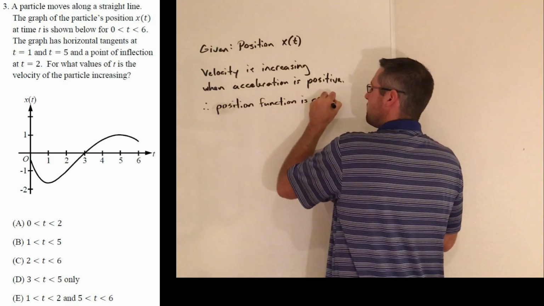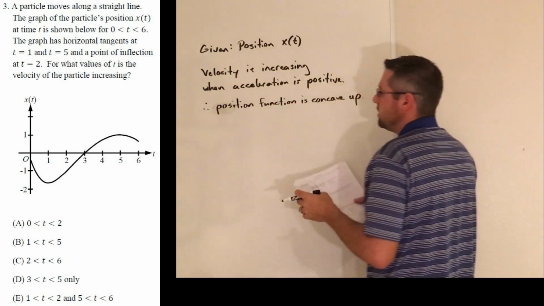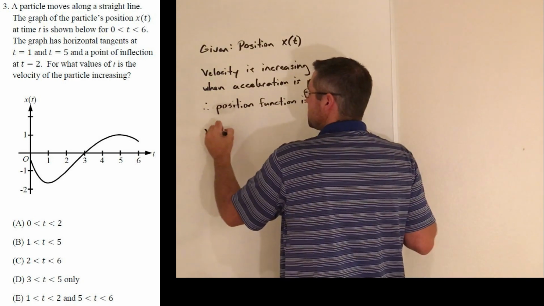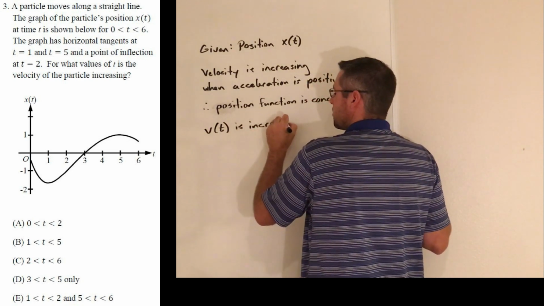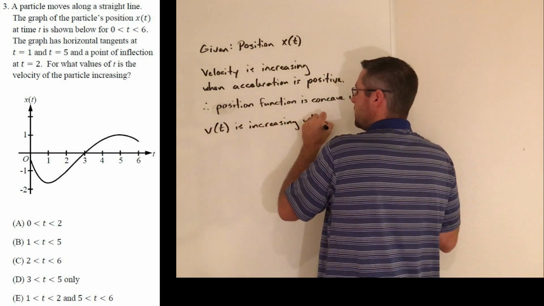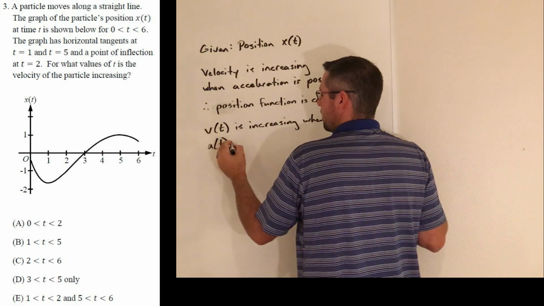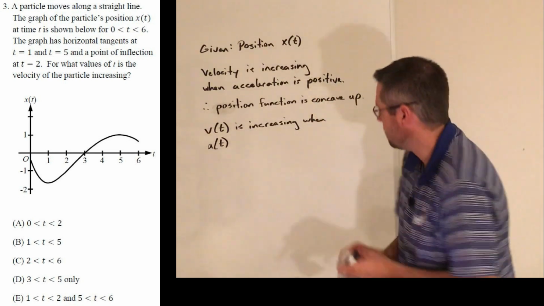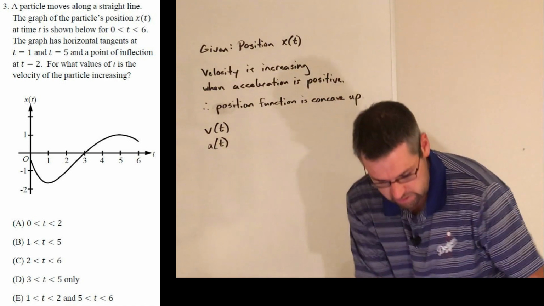is concave up. So I'm going to use some notation here just to kind of simplify these things. We would say v of t is increasing when a of t, well, let me do this. I'm going to interpret these according to what's given here. That's always a good idea here.